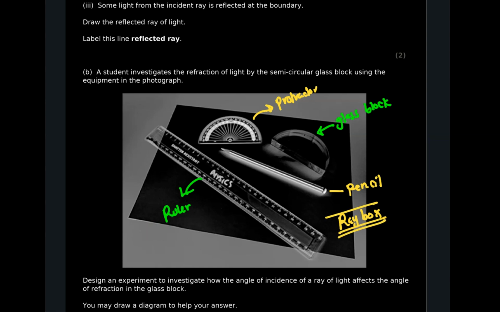We need a ray box which will act as a source of light, but it's not here. Glass block is going to refract light. Protractor is going to be used to measure angles, and the ruler is going to be used to draw straight lines.